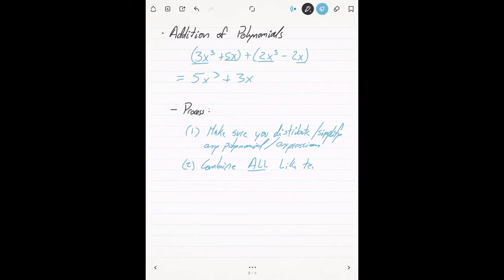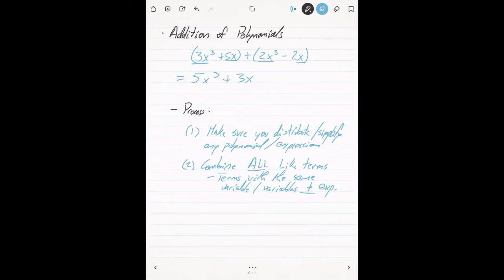And remember, when we say like terms, we mean terms with the same variable and the same exponent. So like terms have to have the same variables and the same exponents on those variables.